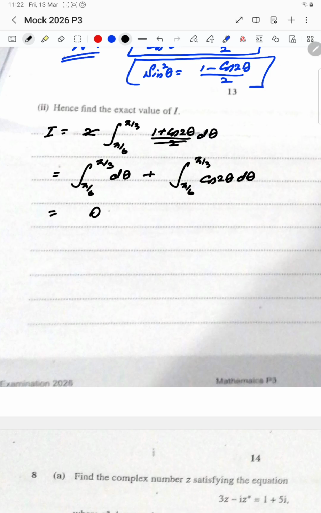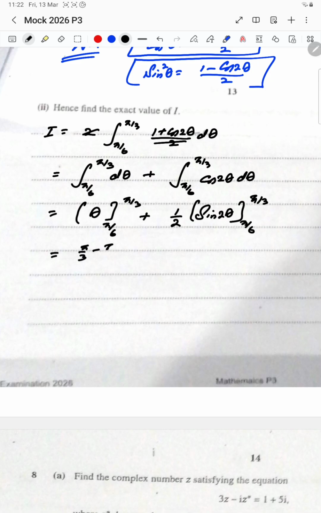So here I have theta from pi by 6 till pi by 3, plus the integral of cos 2 theta, which is 1 by 2 sine of 2 theta, and replace the limits pi by 6 till pi by 3, upper limit minus lower limit. Same goes here, 1 by 2 sine of 2 pi by 3 minus sine of pi by 3.